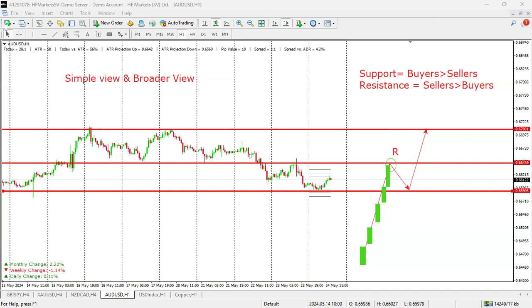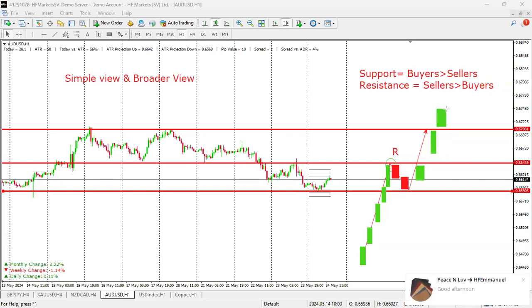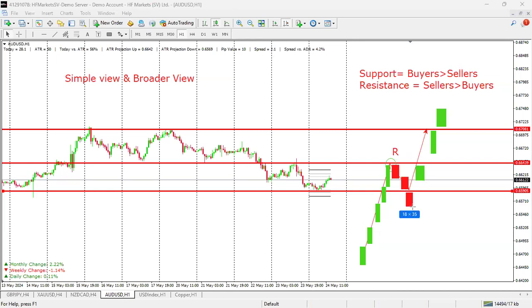Because oftentimes, when retracements begin to take their course, sometimes something like this can happen, and then price resumes its direction and continues to go up, right? Or sometimes price can also find resistance on some levels, and this is going to happen.